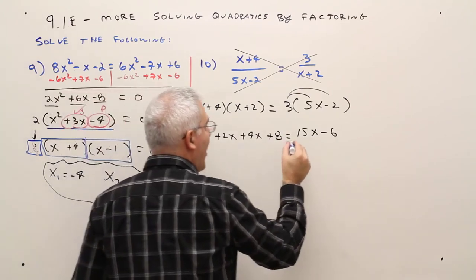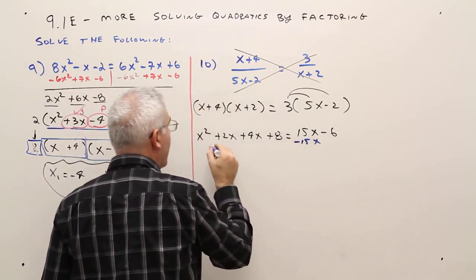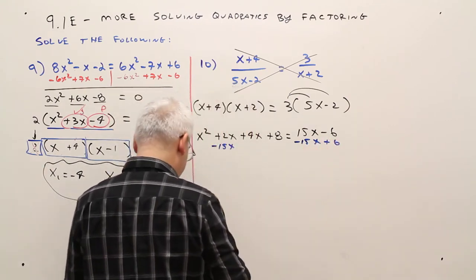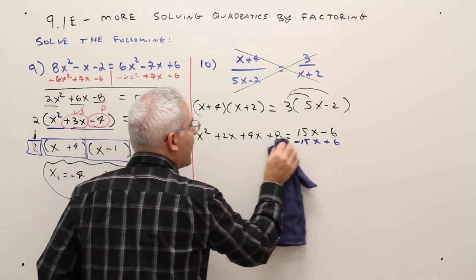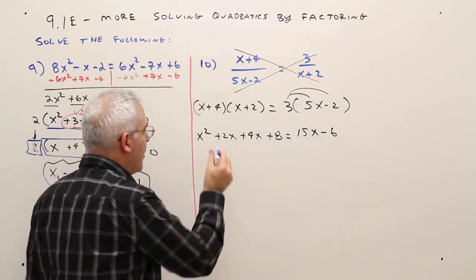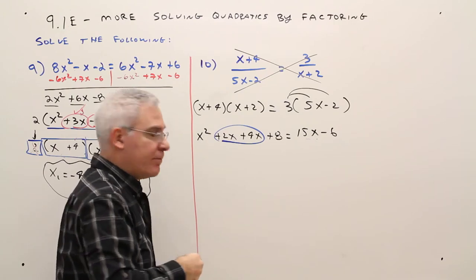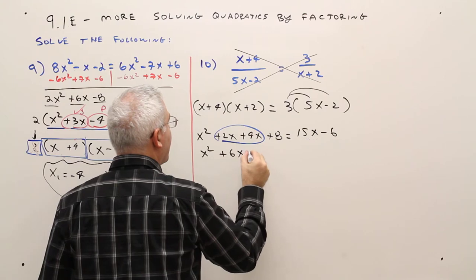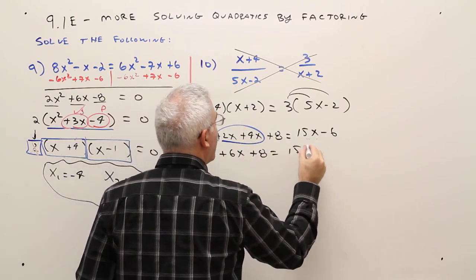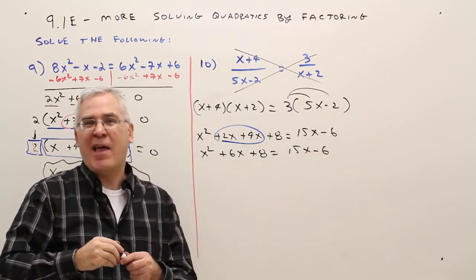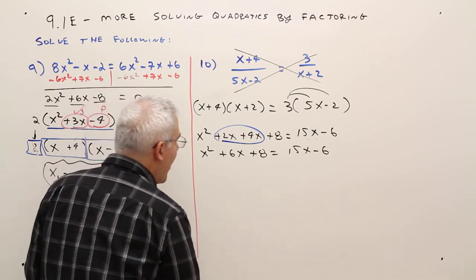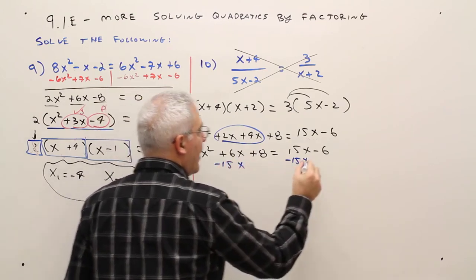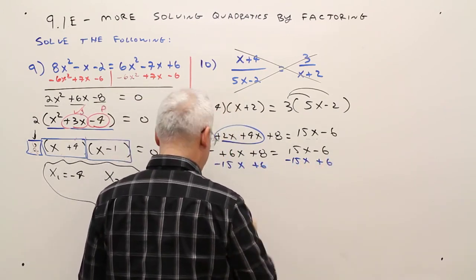So I'll subtract 15x here, subtract 15x here, and forgot to do one thing, combine the like terms. All right, so I'll just say x squared plus 6x plus 8 equals 15x minus 6. I could have done it later, but I prefer to do it up front. All right. Minus 15x, minus 15x, plus 6, plus 6.